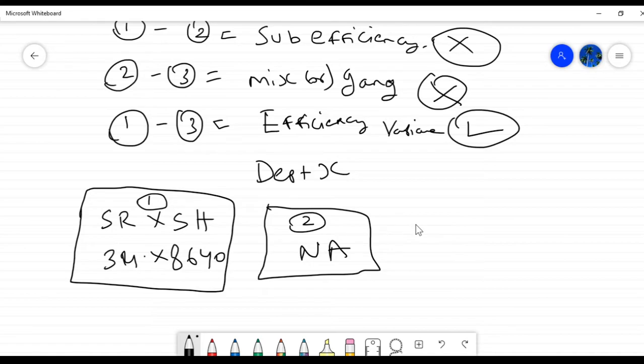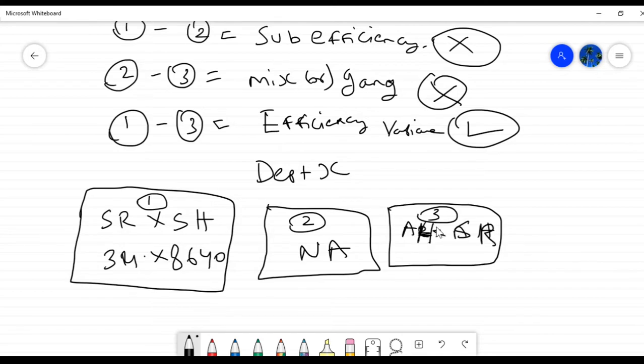Then 3 is what? 3 is actual hours into standard rate.